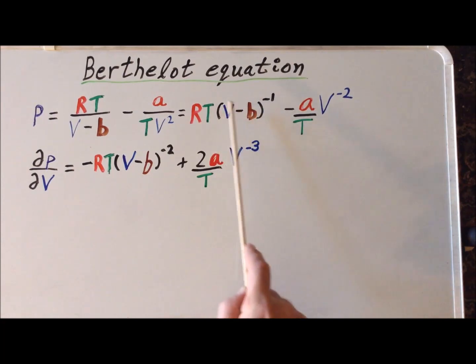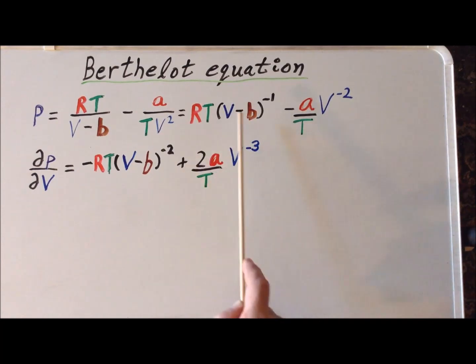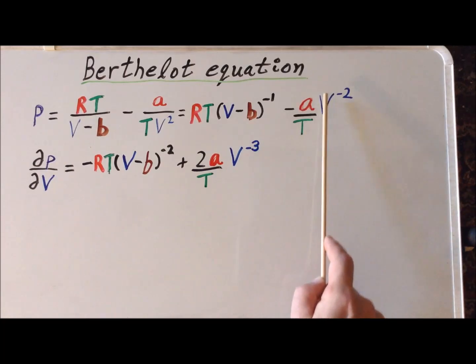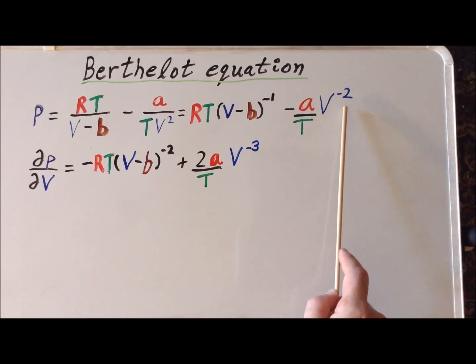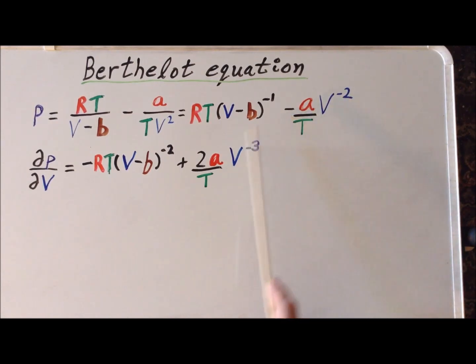But since we just have a linear v here, that's just equal to 1. So for this first expression, we get minus RT, v minus b to the minus second power. Then here we have v to the minus second exponent. So the derivative is going to be minus 2 v to the minus 3. We have the minus 1 in front.